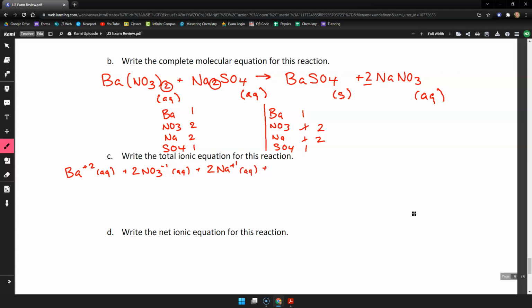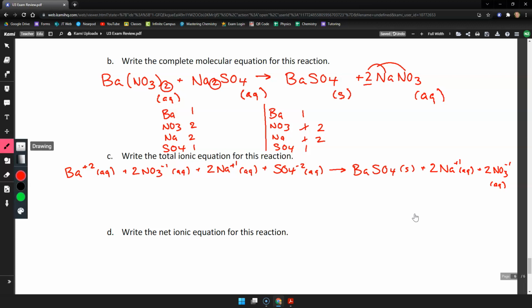We have SO4 sulfate, SO4 -2, aqueous. This next piece on the other side is solid, so we leave it alone. BaSO4, solid. And then we have one more. This has a 2 in front. That 2 goes to both terms. 2 Na +1, aqueous. And then 2 NO3, aqueous. NO3 is -1.